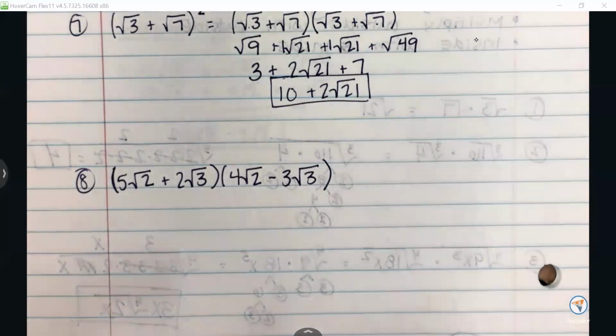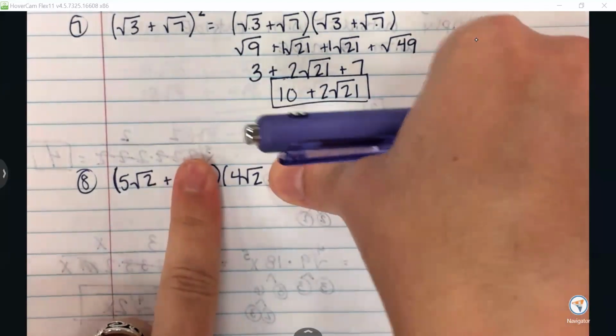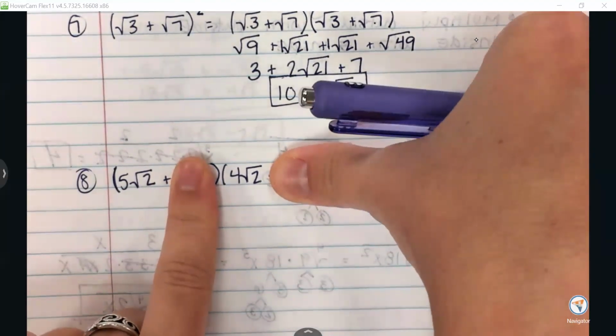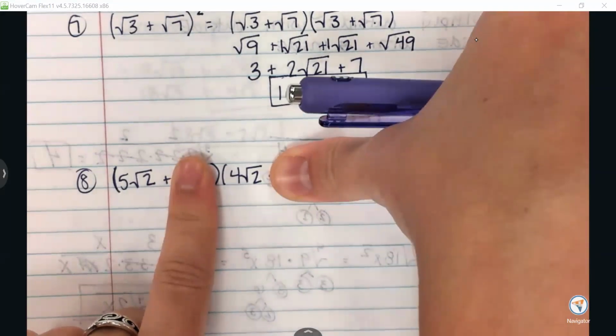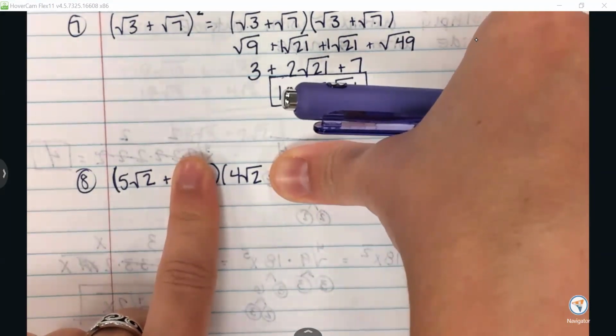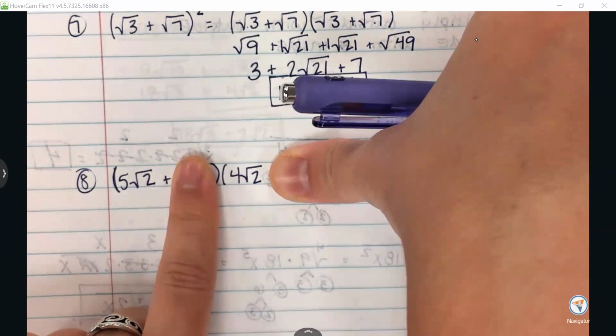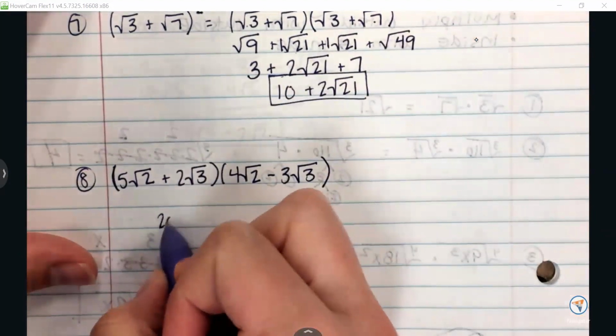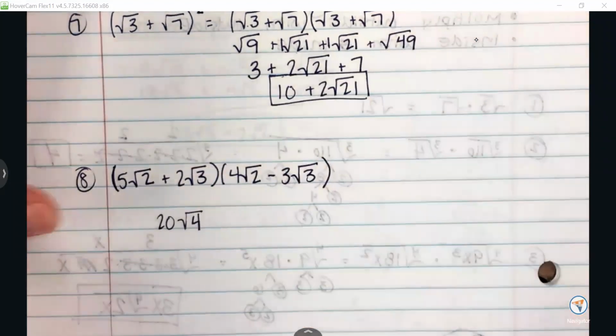So the first two things I'm multiplying are 5 square roots of 2 and 4 square roots of 2. So outsides would be 5 times 4, which gives me 20. And inside would be 2 times 2, which gives me 4. So the first thing I have is 20 square roots of 4.